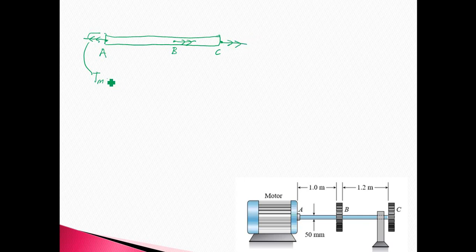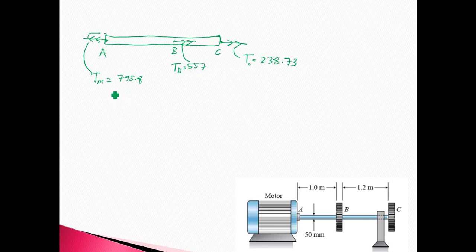Okay, so from here Tmotor is equal to 795.8, and then the torque at gear B is 557, and the torque at gear C is equal to 238.73. So these are all the values that we calculated previously.